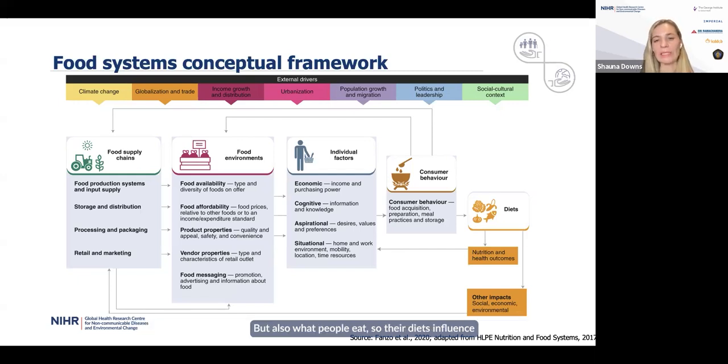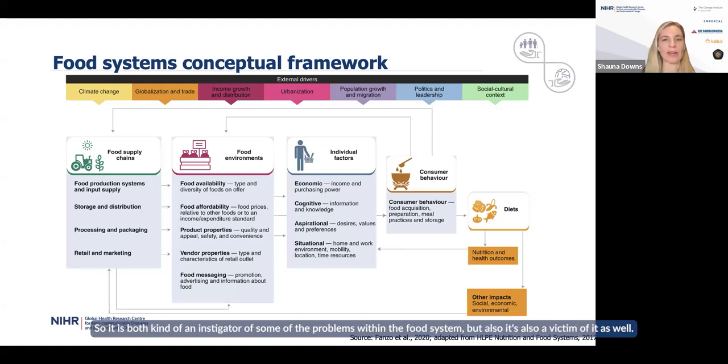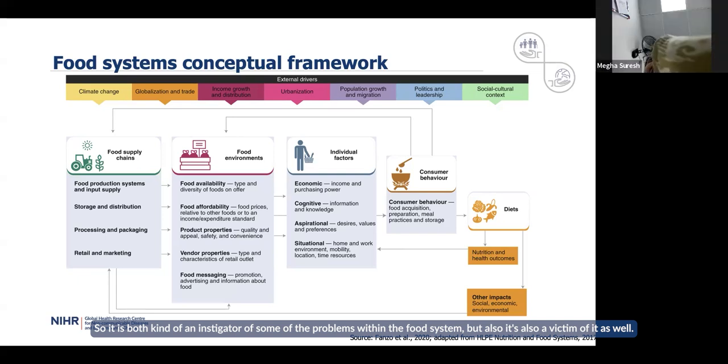But also what people eat, so their diets, influence climate, right? Because if you're consuming, for example, foods that have a high carbon footprint or water footprint, that will lead to environmental impacts. So it is both kind of an instigator of some of the problems within the food system, but also a victim of it as well.